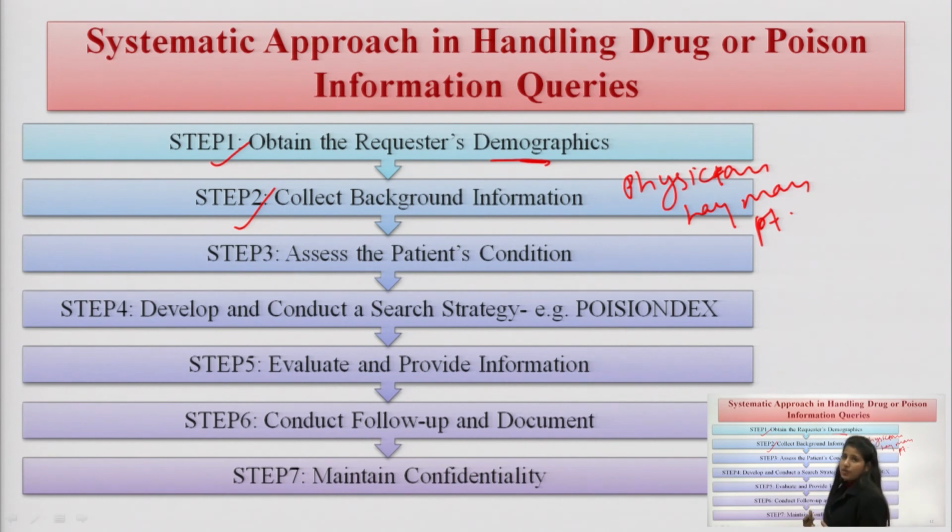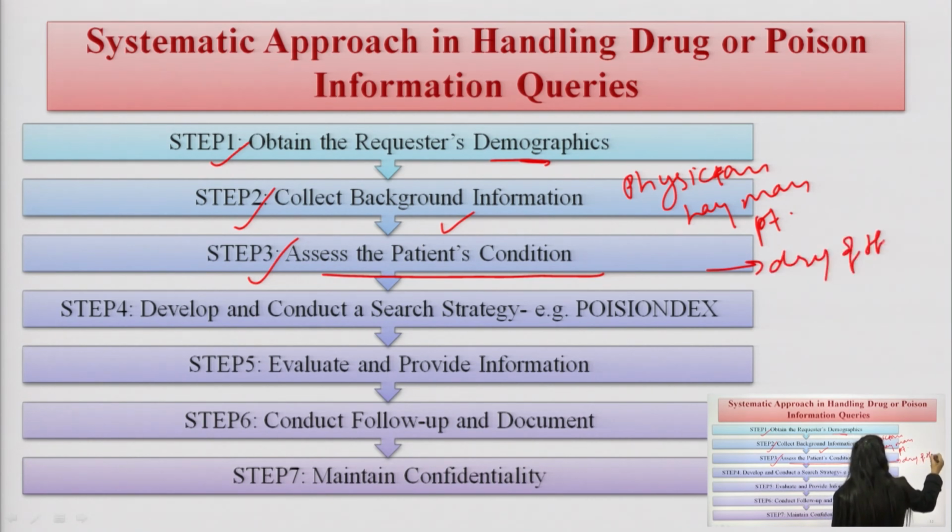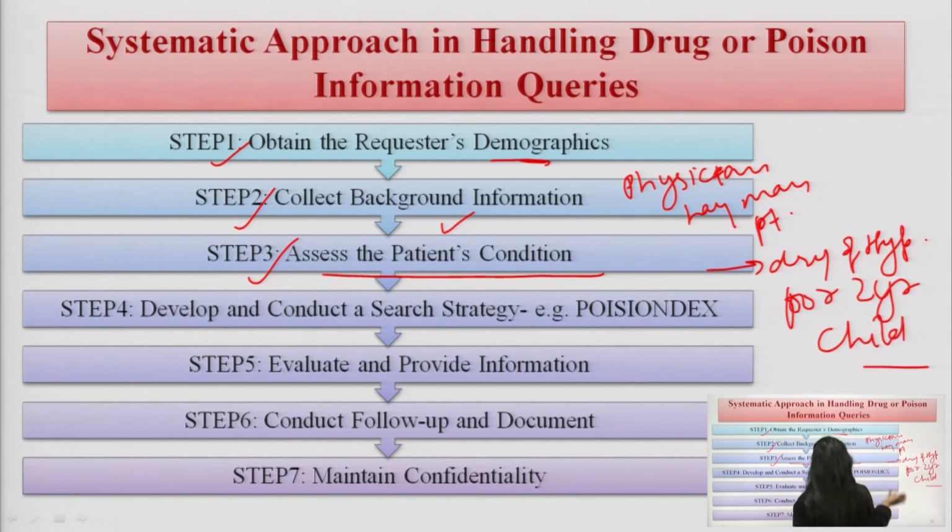Everyone has a different level of understanding. So it is very important to know the background information, and then we try to understand the patient condition, meaning what the inquiry is. The inquiry could be a drug for hypertension for a 2-year child. So this could be the patient condition.